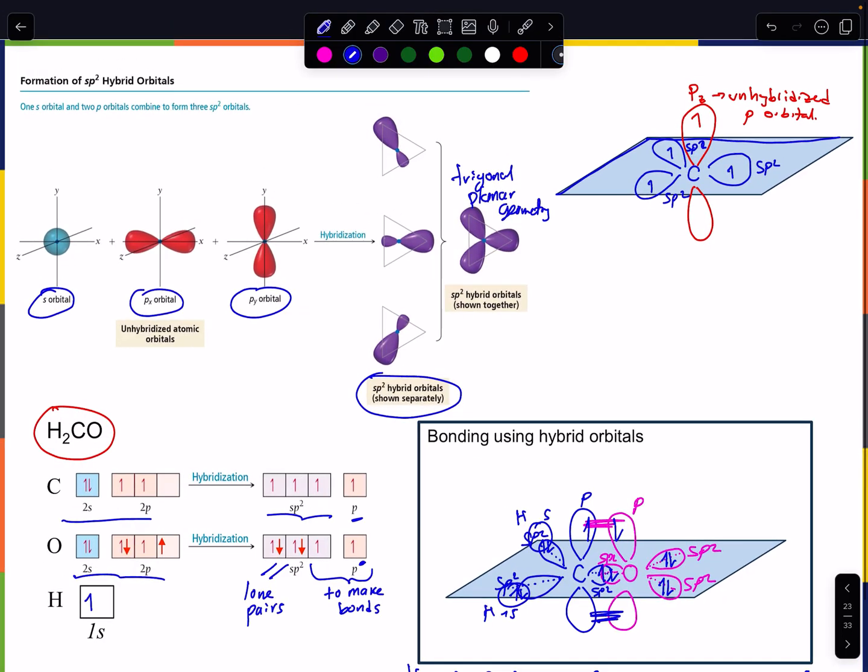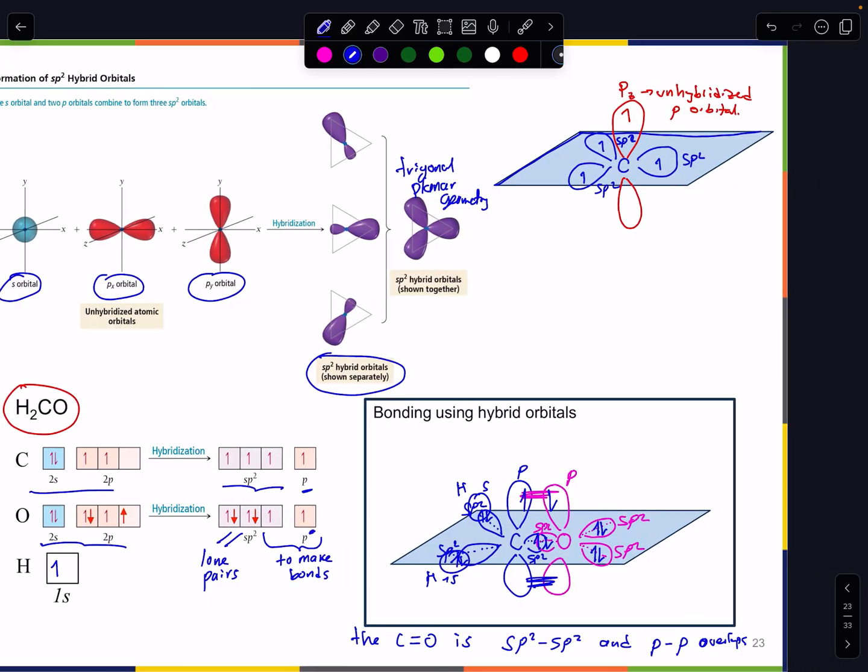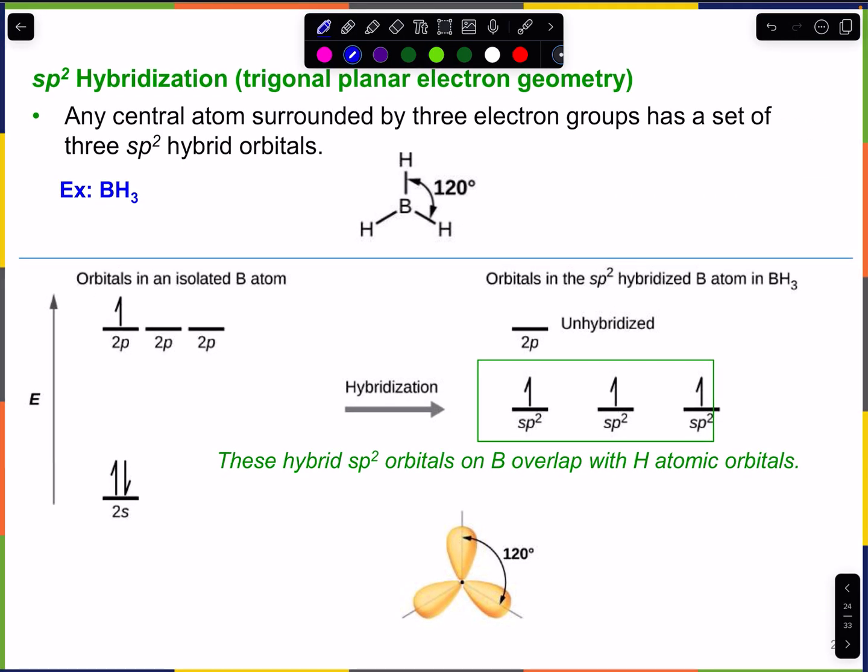Let's see where else this sp2 hybridization will apply. When you have, for instance, the BH3 molecule, in that case, the electron geometry around the central atom is trigonal planar. Well, for boron, we only have 3 valence electrons.